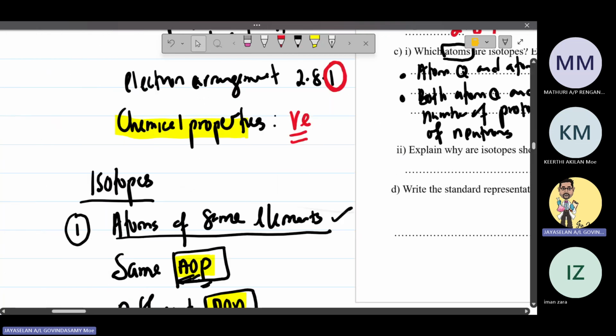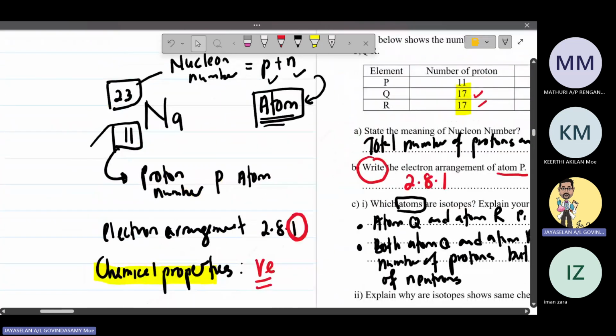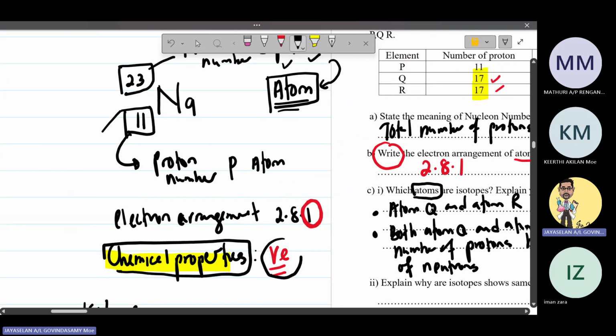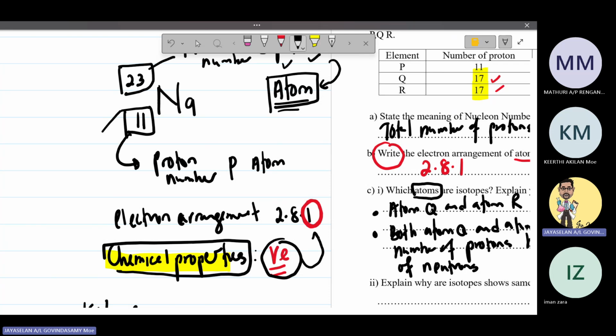Why? Because when they give you the symbol, the chemical properties of an atom is determined by the valence electron. By referring to the valence electron, we will state what the chemical properties are, what the atom can react with.